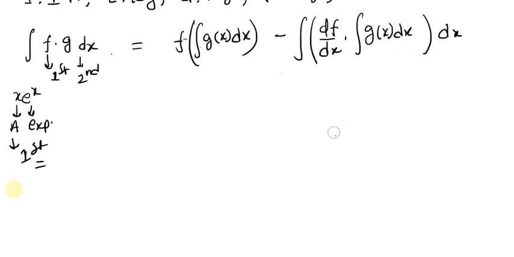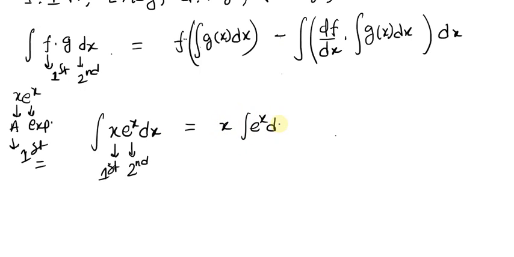Okay, so let me take one example: integration of x e raised to the power x dx. You know very well this one is the first function and this one is the second function. So I can write x, and you know the integration of e raised to the power x dx, so this will be written like this, plus c, finally plus c, one constant you just keep here.